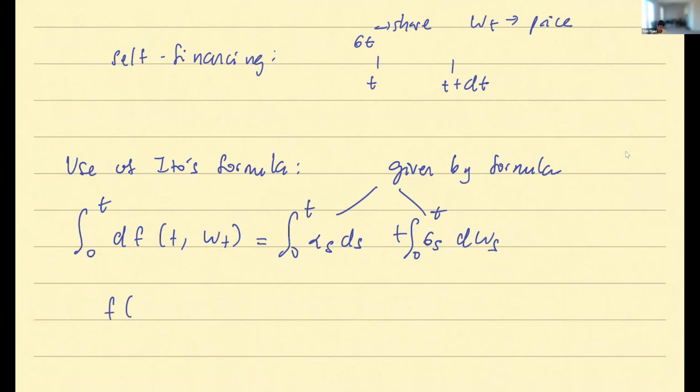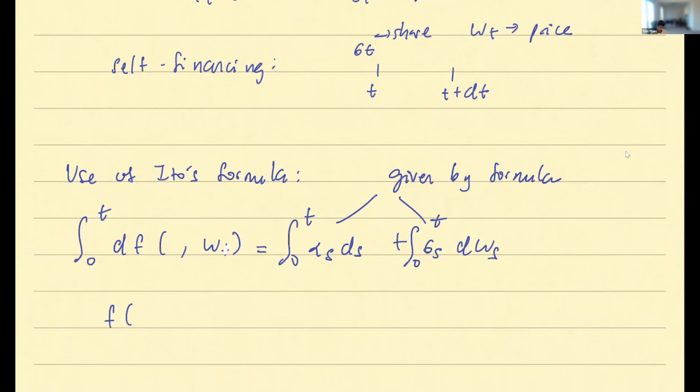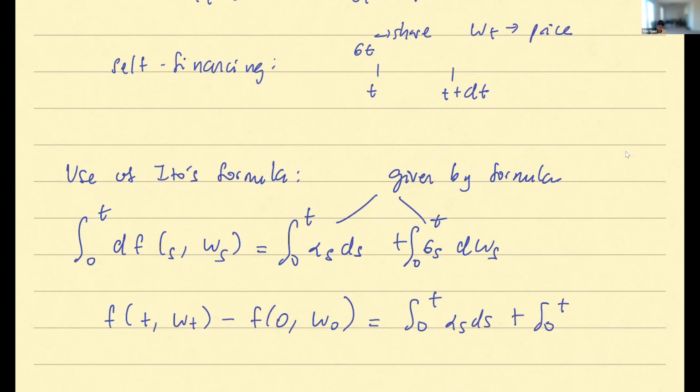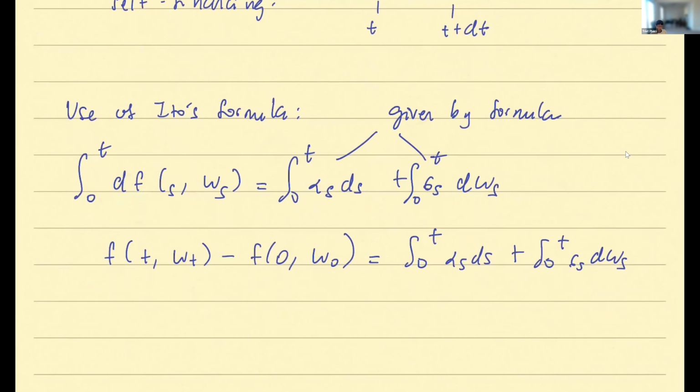So, sorry, this is S. The left-hand side is f of t, w_t, minus f of 0, w_0, will be equal to this.